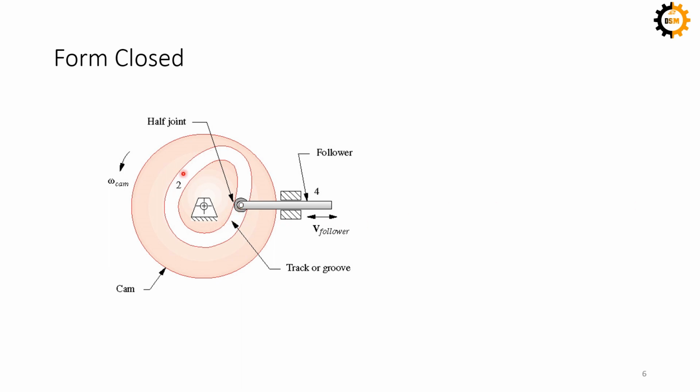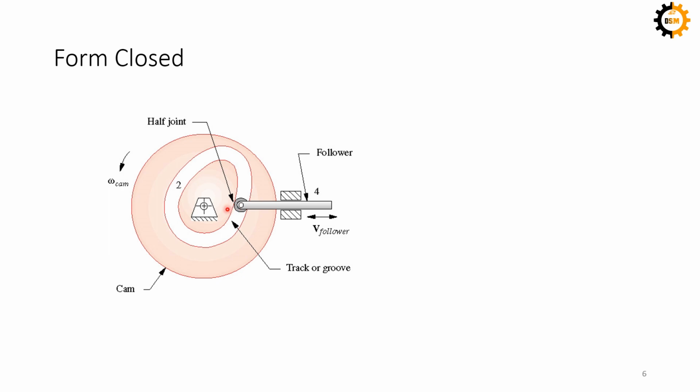So this is a cam, the orange one, or you can say the light red. If the cam is rotating in this direction, the follower, which is enclosed within the geometry, will never go out of it. So we don't need any spring. Because of the shape of the cam, the follower will be moving in this profile.